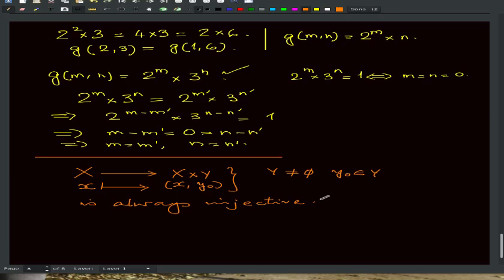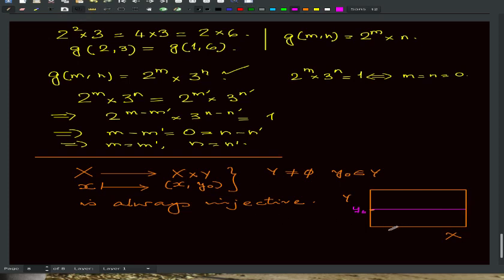So the idea is, if this was your x side and this was your y side, you only needed y non-empty so that you have a point over here. What you are taking is nothing else but this line through y naught. This line through y naught, that's what we are taking.